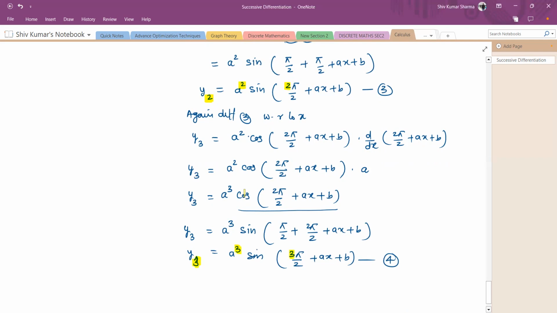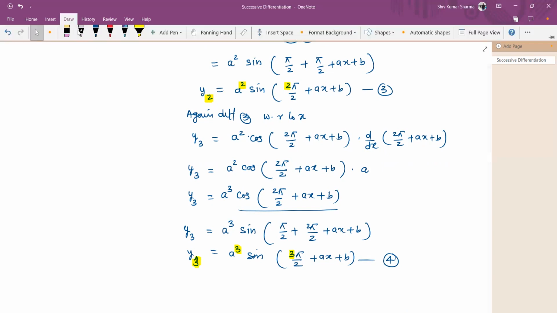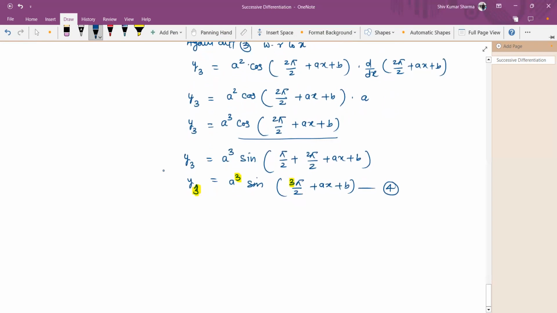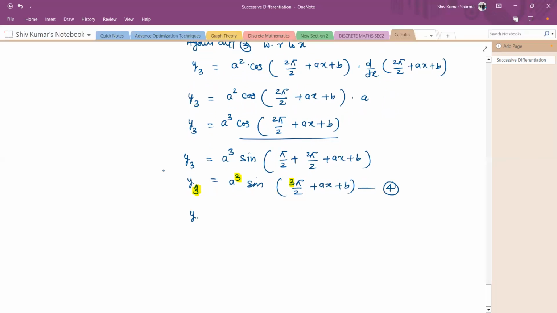Similarly, on the basis of this, you can write down the general term, that means the nth term. So similarly, we can write the fourth derivative in this form: sin(4pi/2 + ax + b).